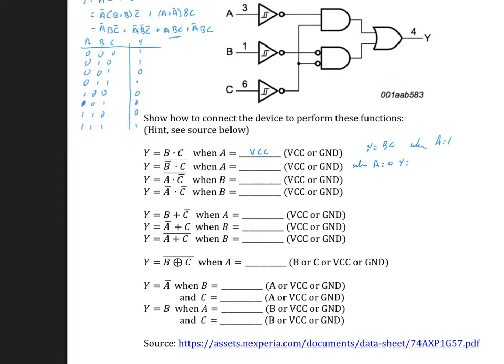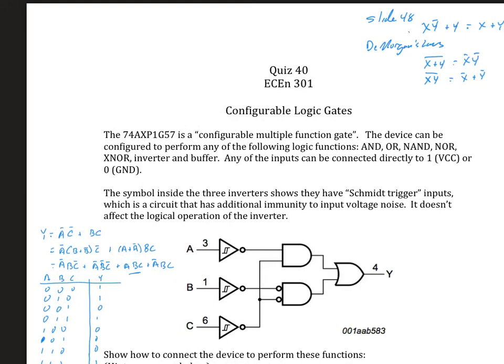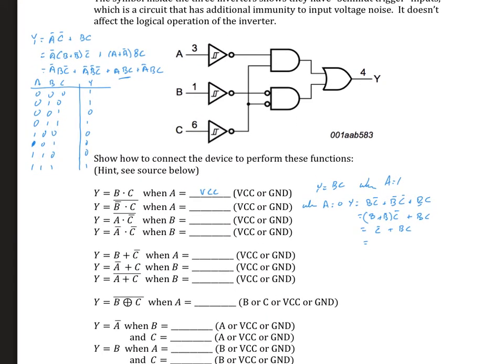Y is equal to B C bar, or B bar C bar, or BC. And that's going to be B plus B bar, C bar, or BC, which of course is C bar or BC, since B or B bar is always equal to 1. And now this expression from our expression up here is simply equal to C bar or B.